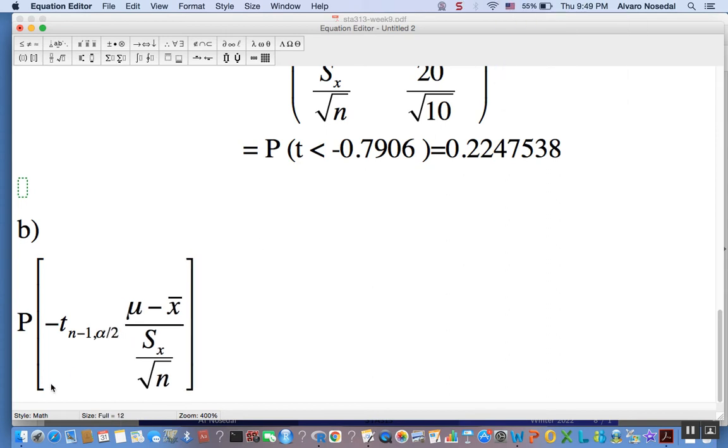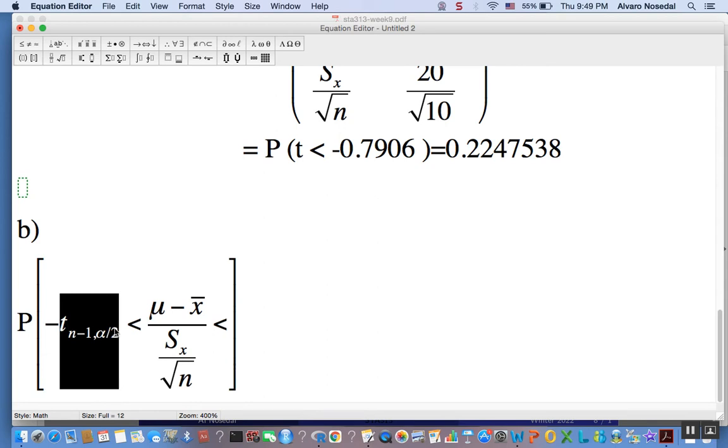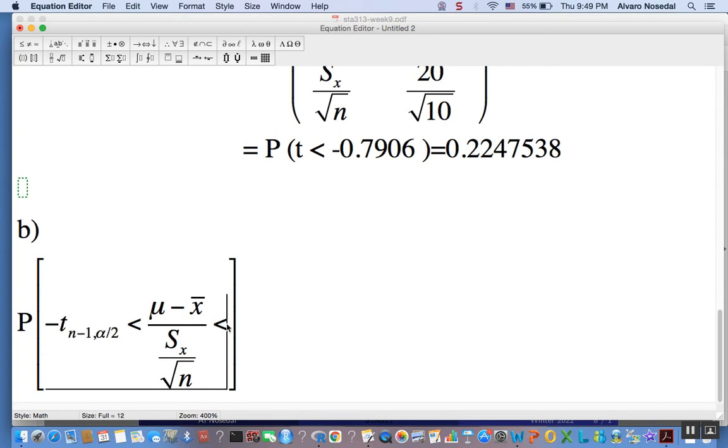Alpha divided by 2, right? And then, since we know that t distributions are symmetric, we want to have the positive version of this one here, right?